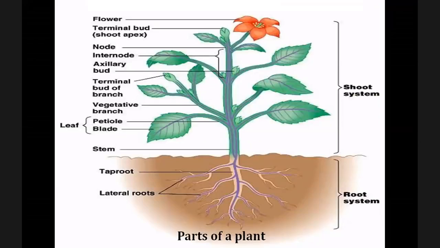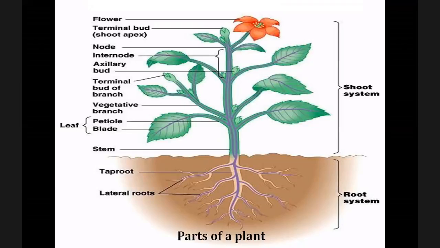When you are describing a plant, you should know the parts of the plant. Only then can you describe a plant based on the stem, the root, and the flower. The parts of a plant include the above ground part as well as the below ground part.